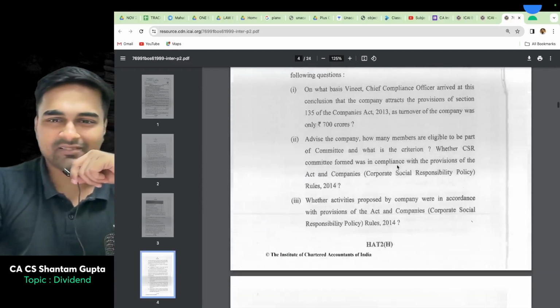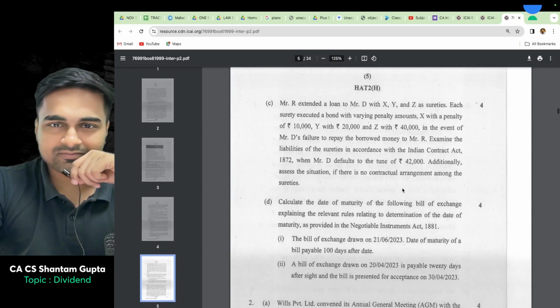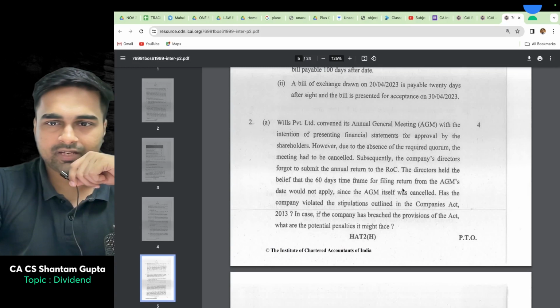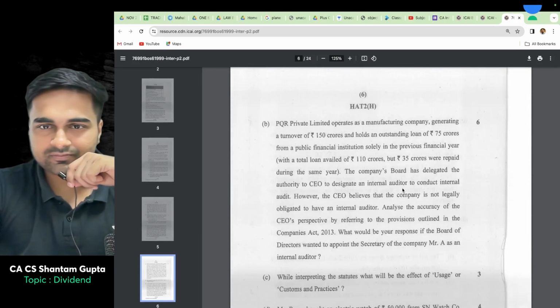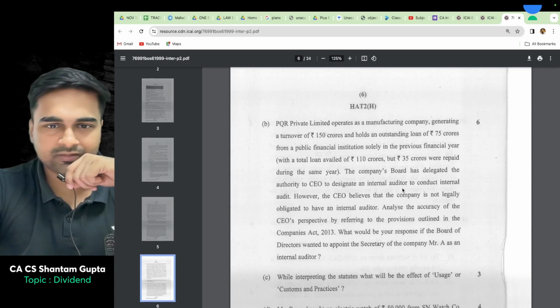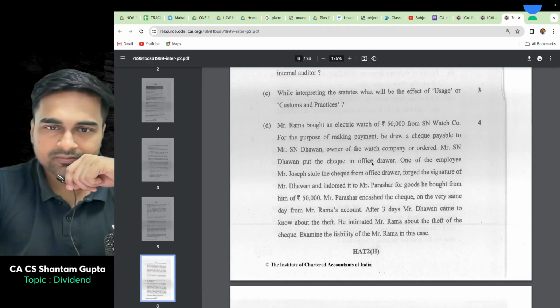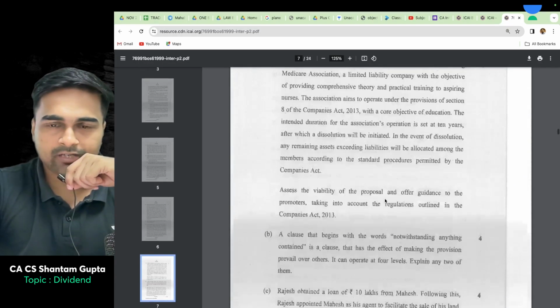Then CSR. This is other laws. AGM quorum. Outstanding dues not legally applied. The internal auditor. Check. Memorandum.